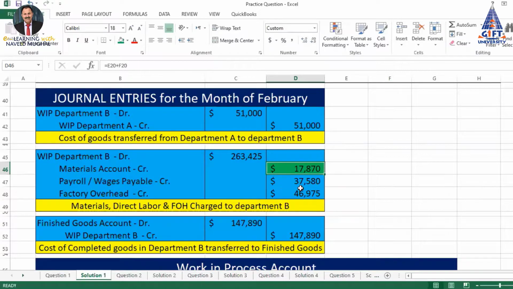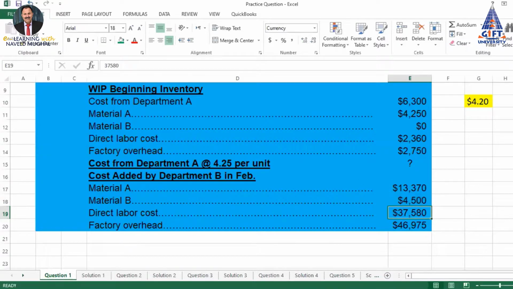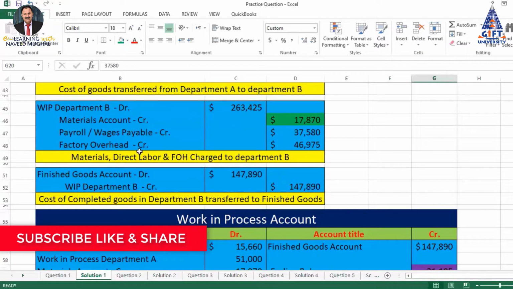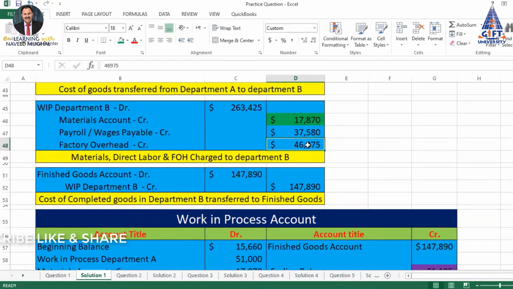Then the payroll amount is 37,580 and the payroll or wages payable account is credited. This figure is also given in your question, that is this one. Or you may get this figure from this table, that is this one. The third one is the factory overhead account, which is credited. That figure is also given, and likewise you can find both of these two figures.